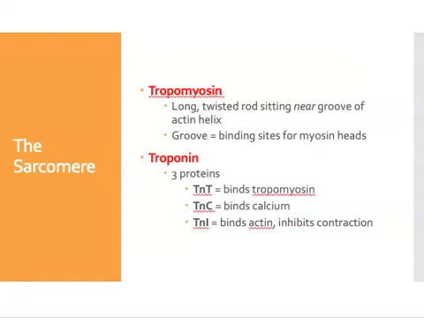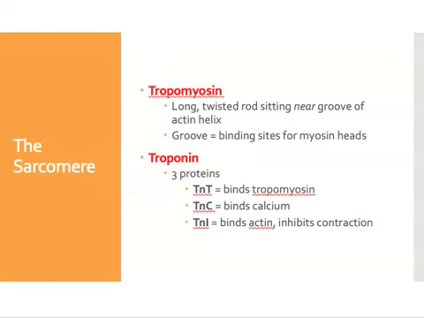So troponin and tropomyosin are critical to muscle contraction because they're going to play a role in when thick filaments can come in contact with thin filaments. Tropomyosin, again, is the elongated one, the long licorice stick looking twisted rod of a protein.